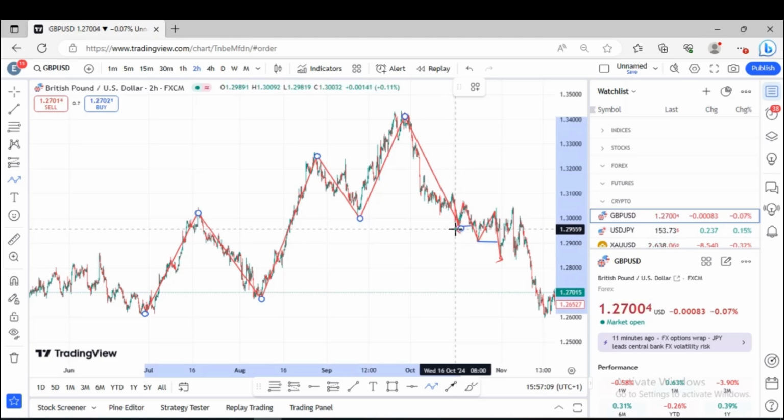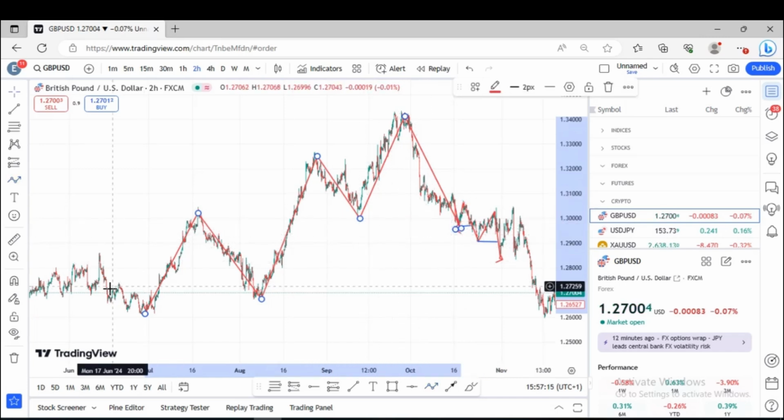So the market has created a higher high here, then a higher low here, higher high here, higher low here, higher high here, then it broke this higher low here, which we call a change of character.